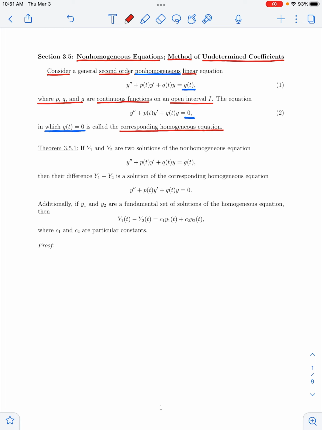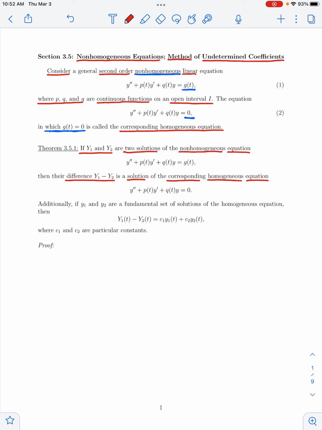This is Theorem 3.5.1 from your text, which says the following. If Y1 and Y2, capital Y1 and Y2, are two solutions of the non-homogeneous equation, then their difference, Y1 minus Y2, is a solution of the corresponding homogeneous equation.